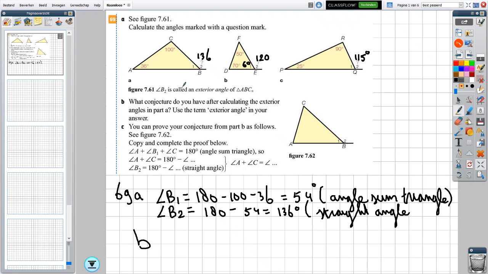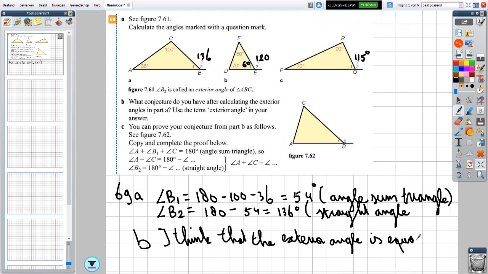So what's my conjecture here? Wat is mijn vermoeden? I think that, I don't know yet, right? I haven't proven that right now. Maybe this is just true for those three triangles here. But I think that the exterior angle, the buitenhoek, is equal to, is gelijk aan, the sum of what?